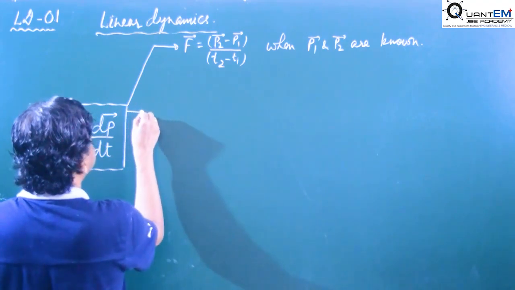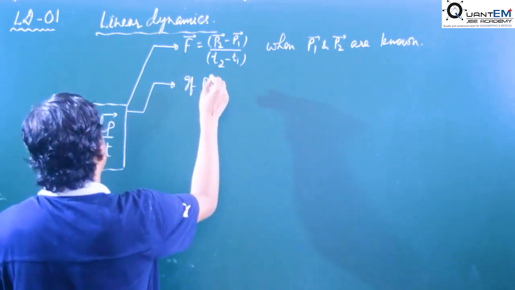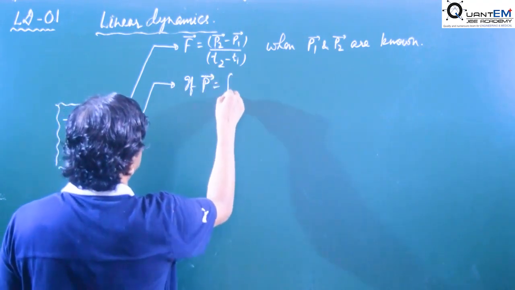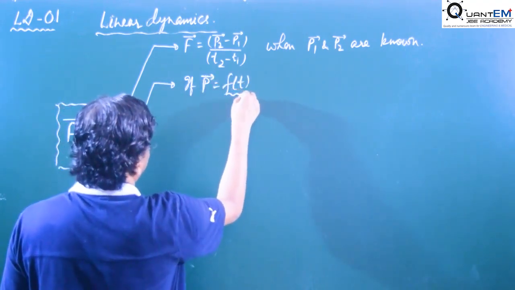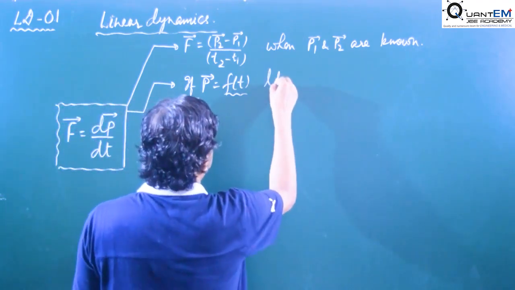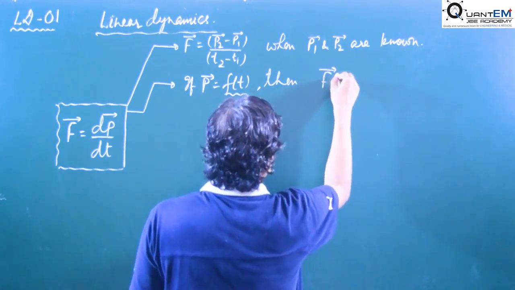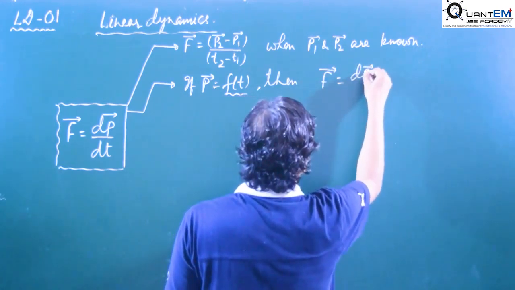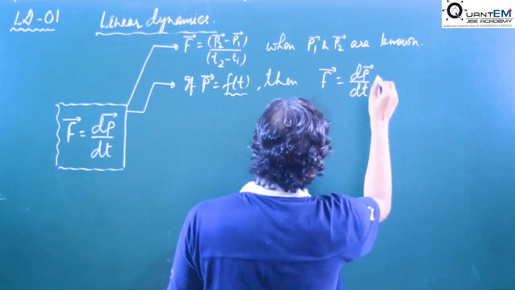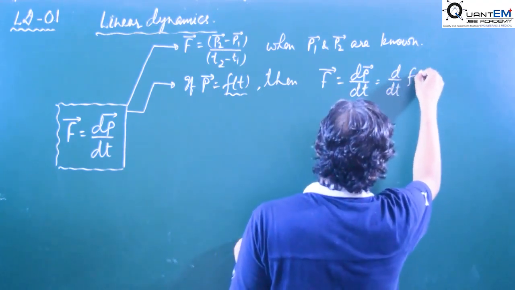Next part. See, if momentum is a function of time, a linear function of time, then F is equal to dp by dt, that is d by dt of the function of time.